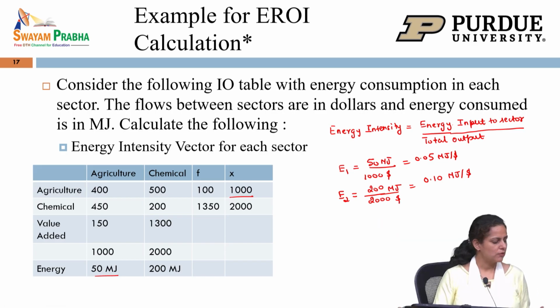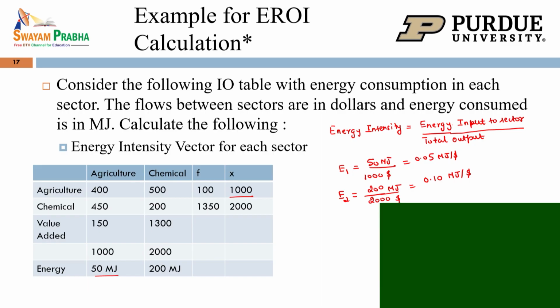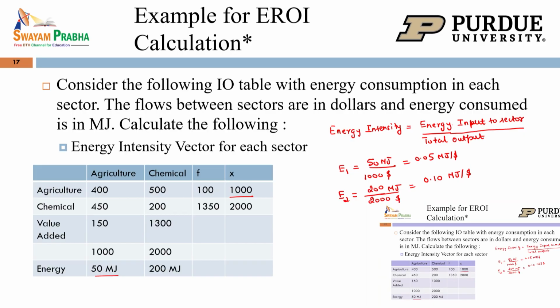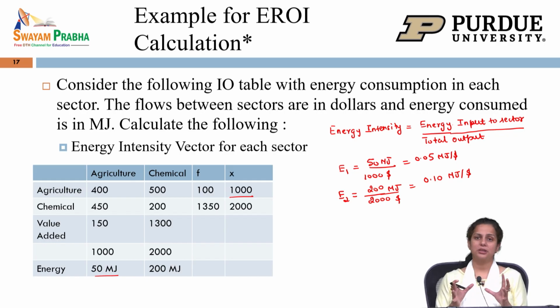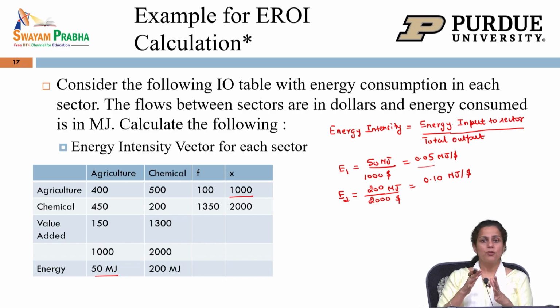So, now we have the energy intensity. If you remember our life cycle calculation, we can now use these energy intensities to calculate the total life cycle energy consumption used in processing for any final demand. When we say this is the energy intensity, we are fixing it: if we have to make a product, let us say an agriculture product or chemical product, then sector 1, the agriculture sector, will consume about 0.05 megajoule of energy per dollar of output.